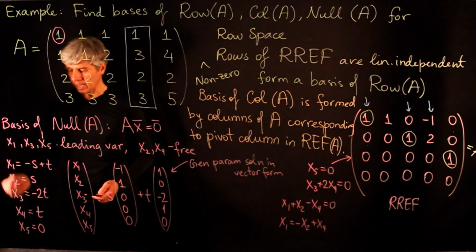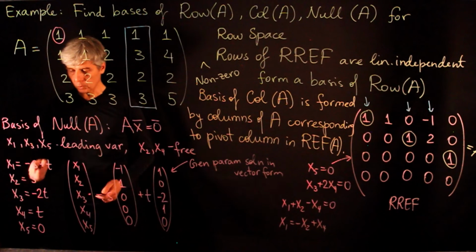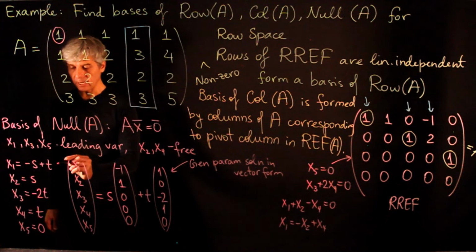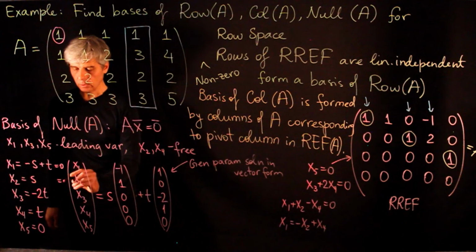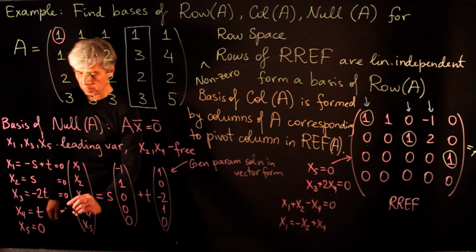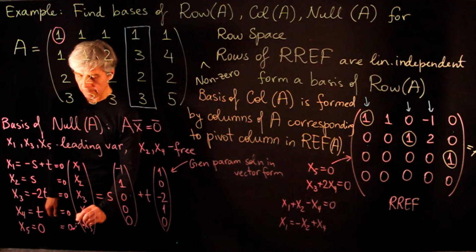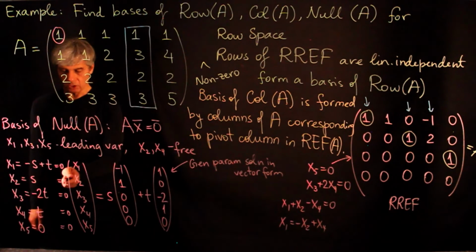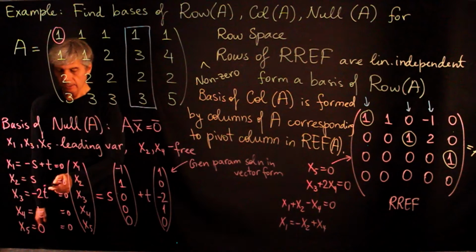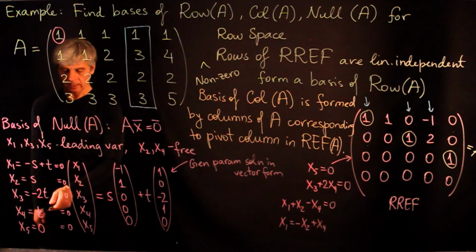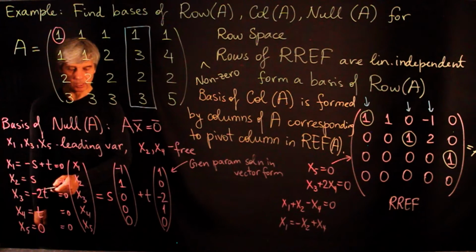So if we equate this whole column to 0, if we equate every component to 0 here, then this means that we equate our free parameters to 0, because if we look just at free variables, this equation will say that s has to be 0, and this one says that t is equal to 0.